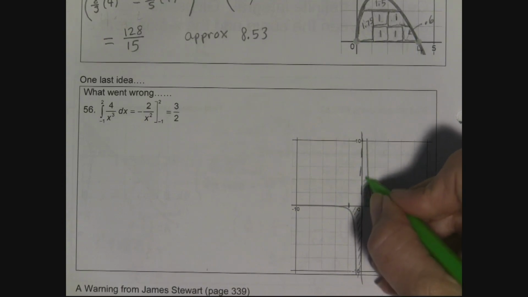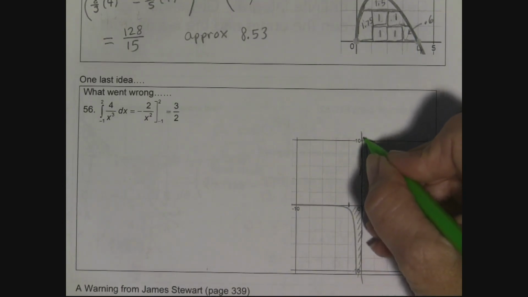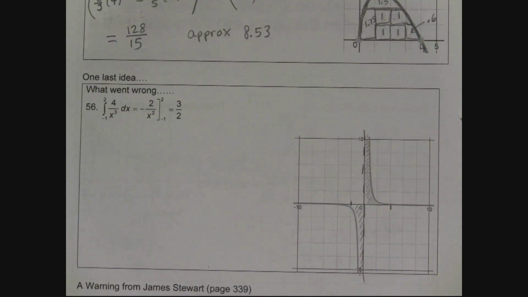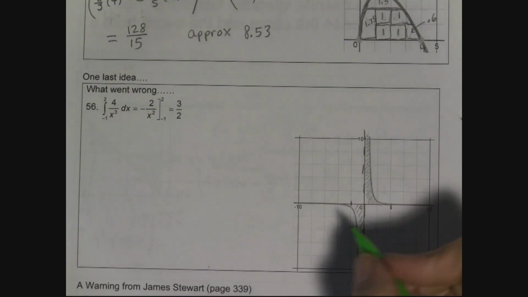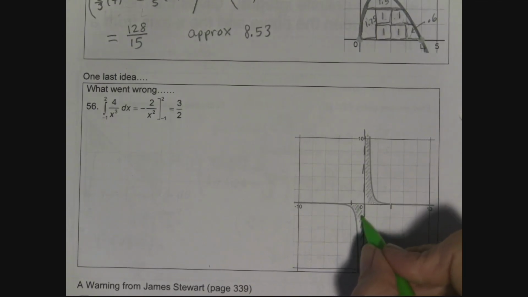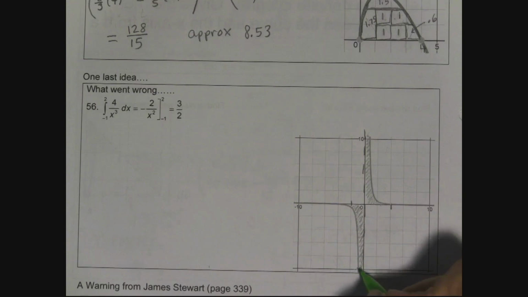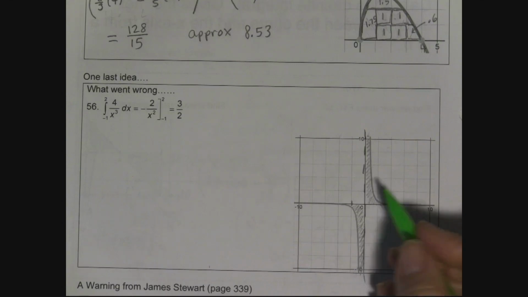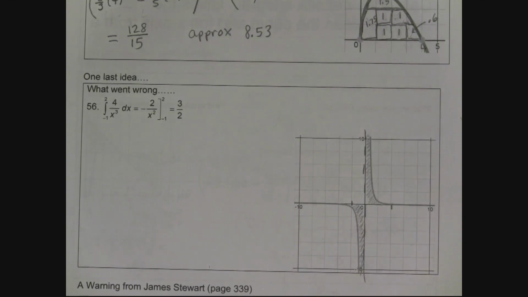And this area over here is above the x-axis. So you really can't put these together, this area being size -infinity and this area being size infinity, and say you get 3/2.